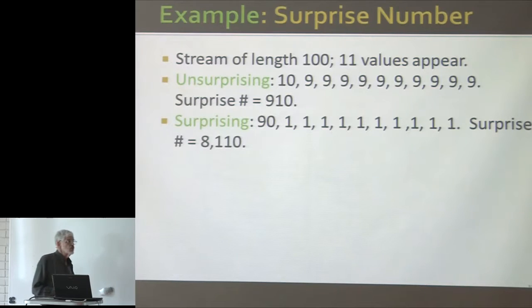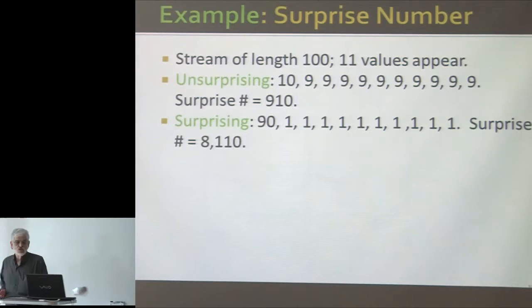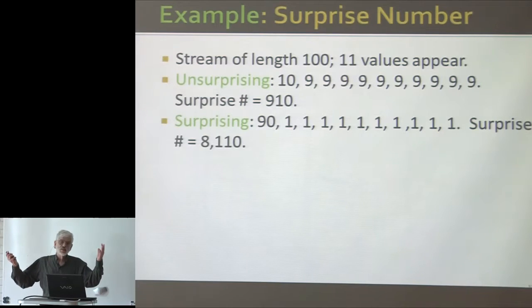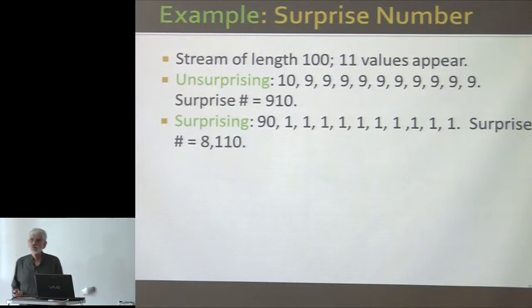What would be really surprising, though, is if one of the elements appeared 90 times and everything else appeared once. So then you'd have 90 squared, that's 8100, and then 10 1-squareds, which would be another 10. So 8110, that would be the maximum possible surprise number.